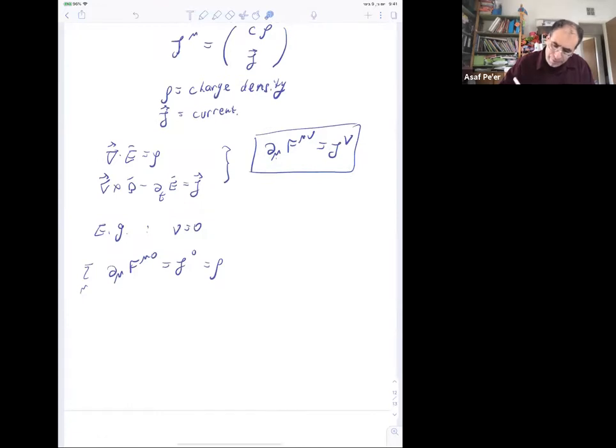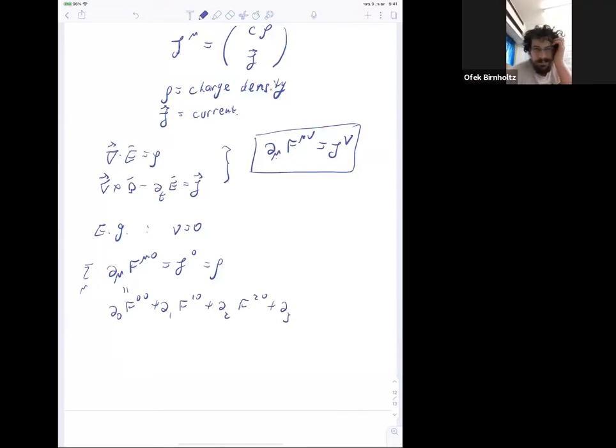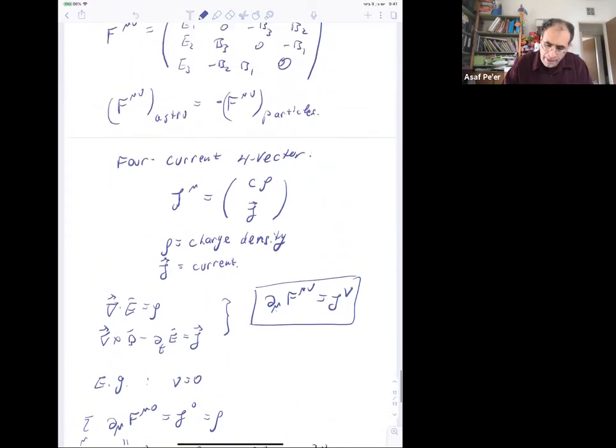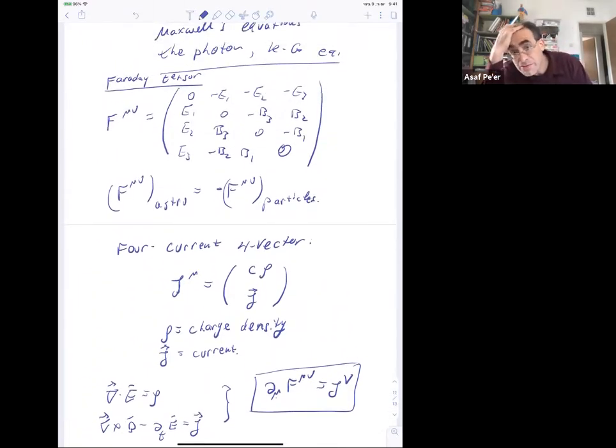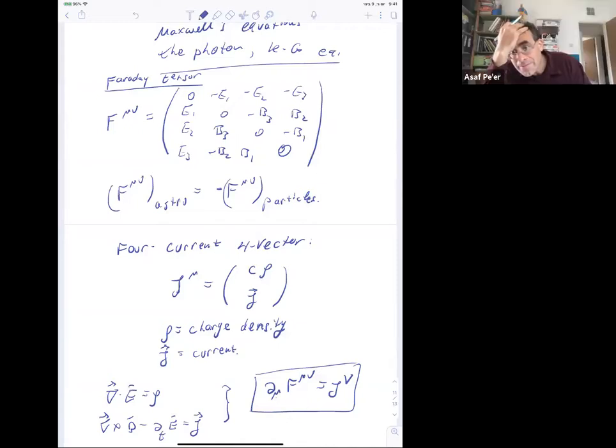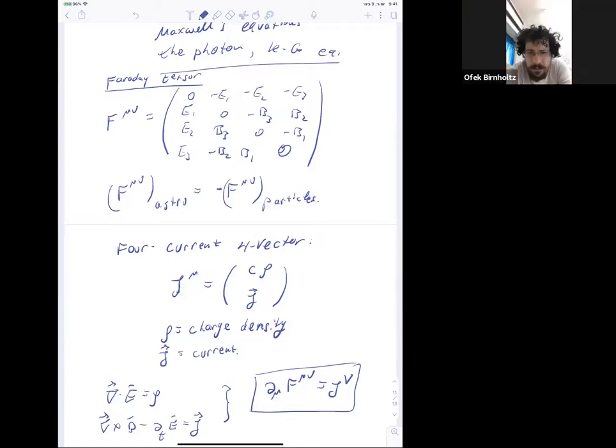So we have here ∂_0 F^00 plus ∂_1 F^10 plus ∂_2 F^20 plus ∂_3 F^30 equal to ρ. Now the first term is just 0. What is ∂_1 F^10? Give me another name for F^10: E_1. And what is ∂_1? ∂_x.